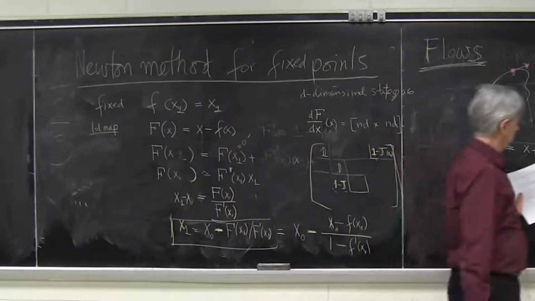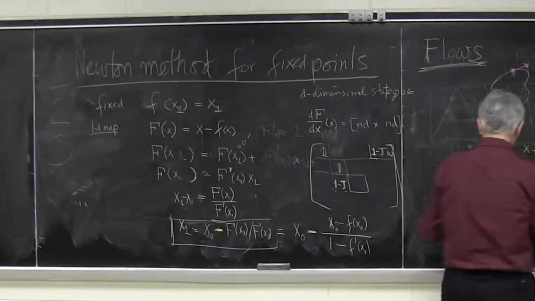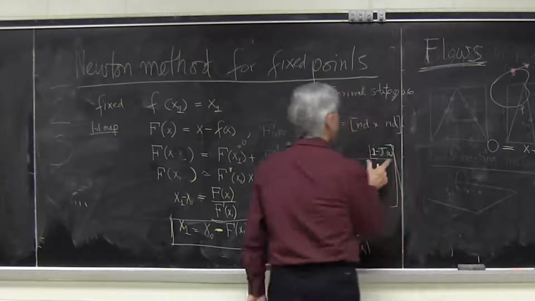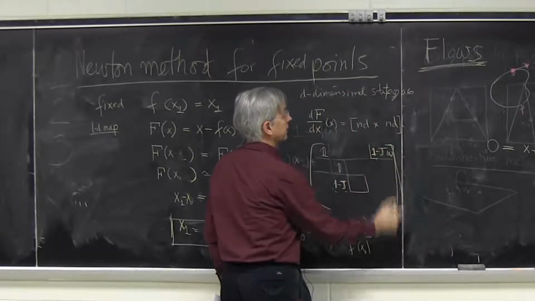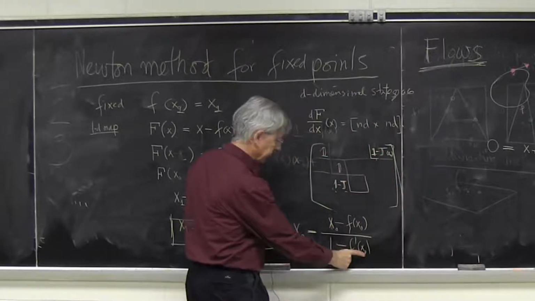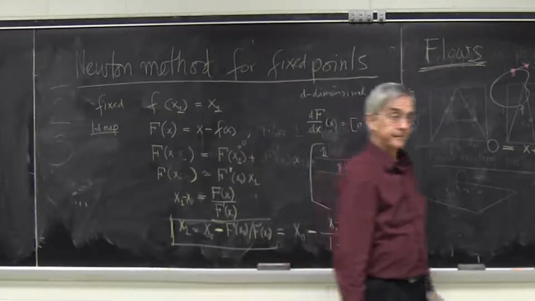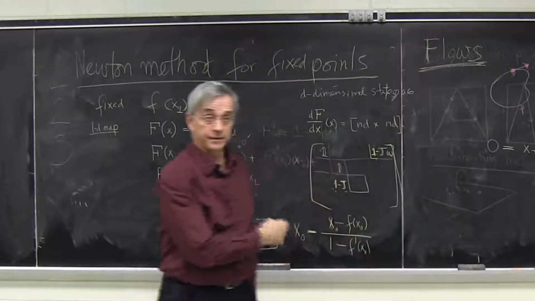And now when I look at how the Newton would work here, I would need to compute this matrix because it'll show up in my Newton iteration. And I'll need the inverse of this matrix.